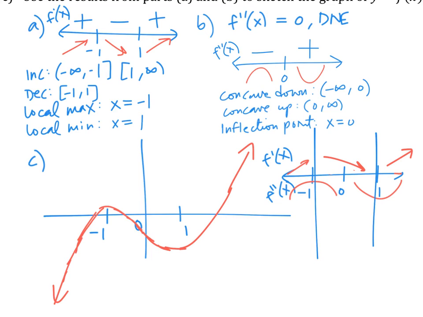For the -1, it just reaches the top and then goes back down. We don't know where it's going to go. We just know it's a maximum. We don't know the actual value unless you plug into the original function. If we are only given these two sign charts, this is how the shape of the graph will look. If you want to know exactly how it's going to look, you have to plug in values.